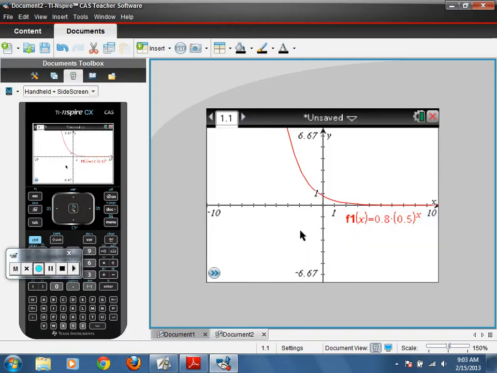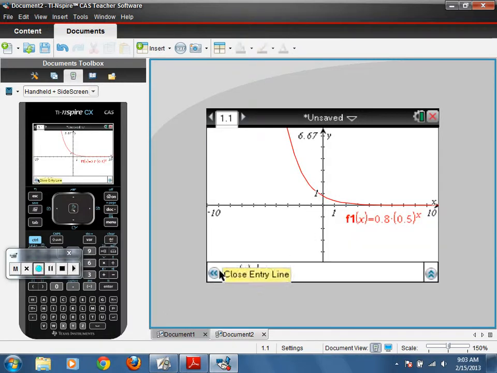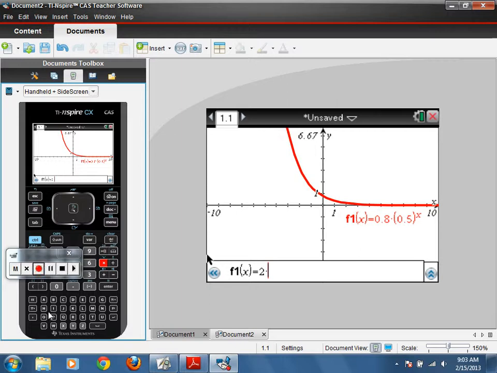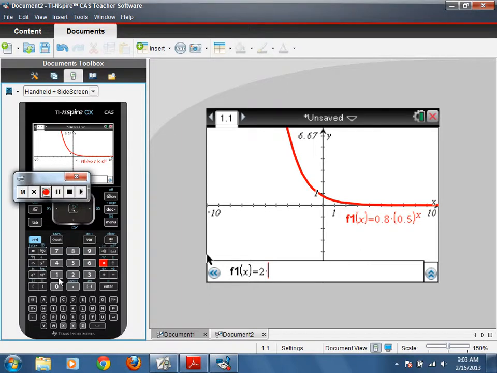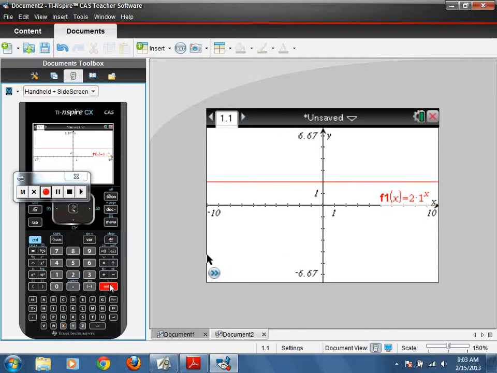There it is. Okay. So let's look at some of these. We're going to use 2 for a, and they want us to try different values of b. So 2 times 1 to the x, enter, looks like a line.